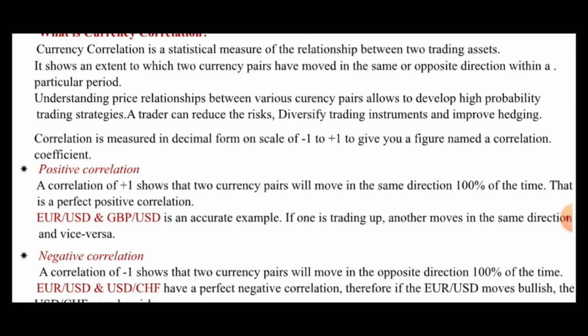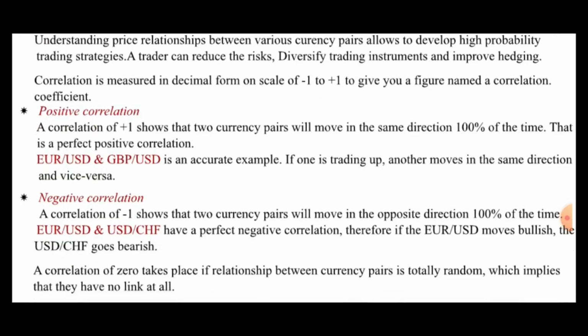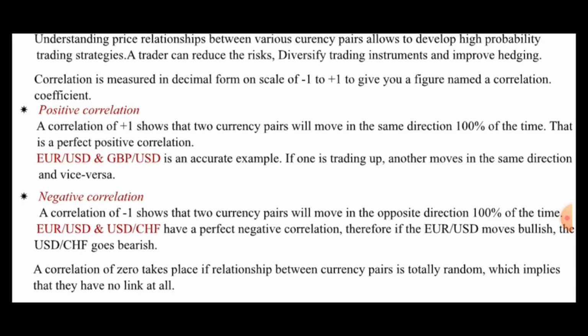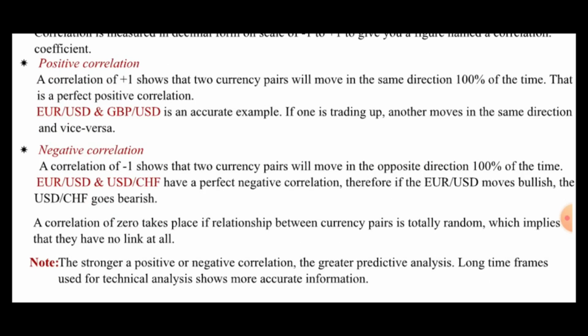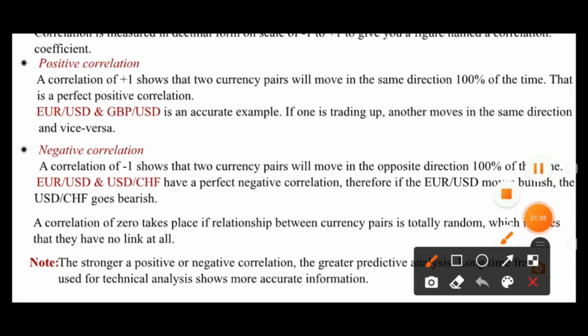That is a perfect positive correlation. For example, if we look at EUR/USD and GBP/USD, it is an accurate example. If one is trading up, the other is moving in the same direction. So when EUR/USD is moving in an uptrend, GBP/USD is moving in an uptrend.